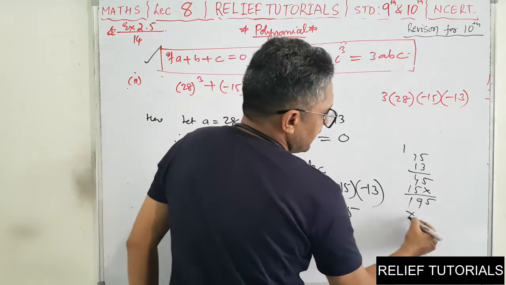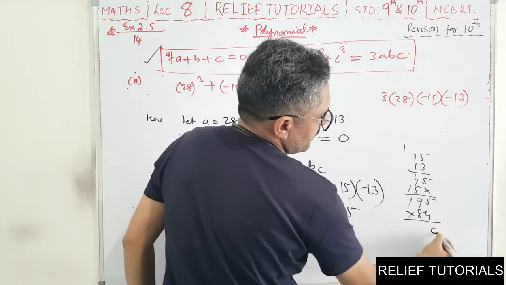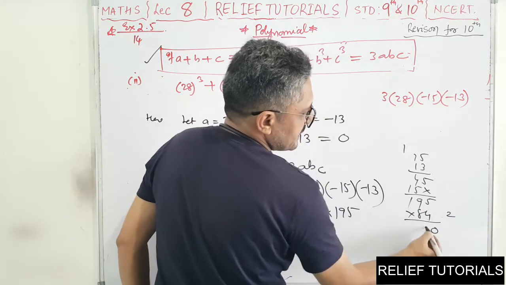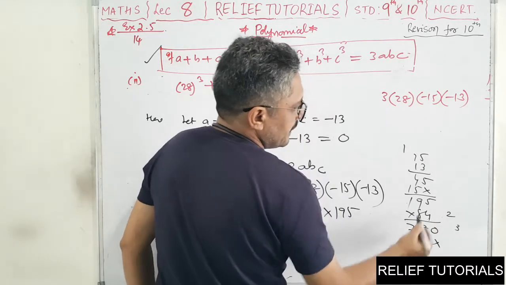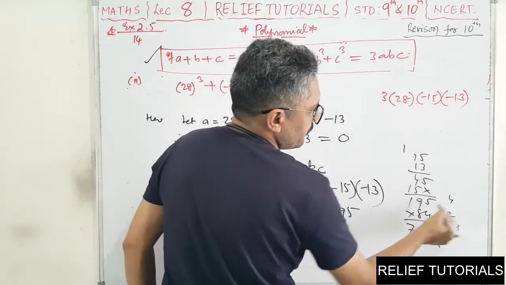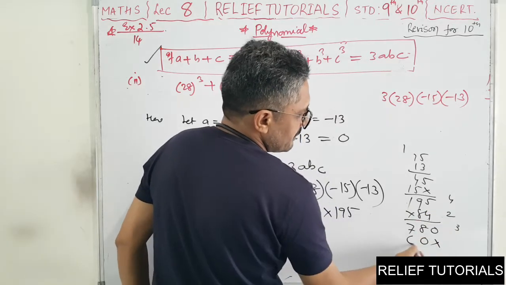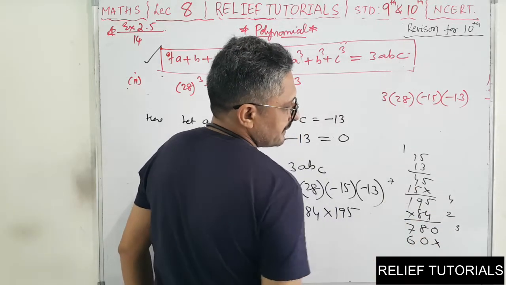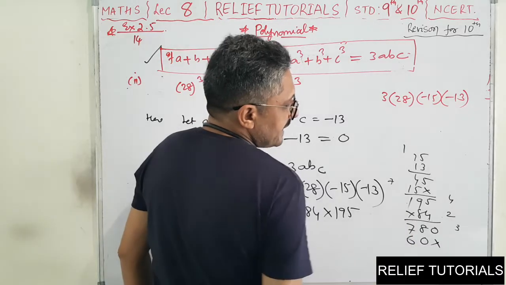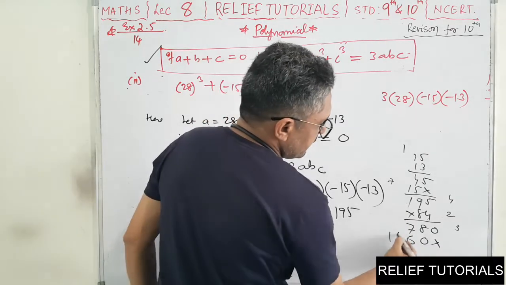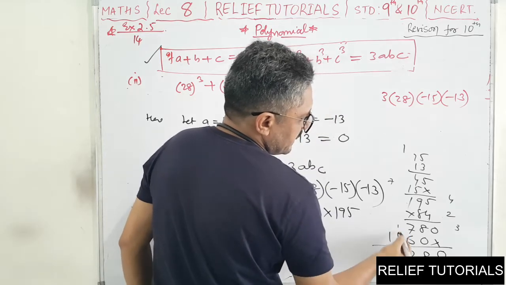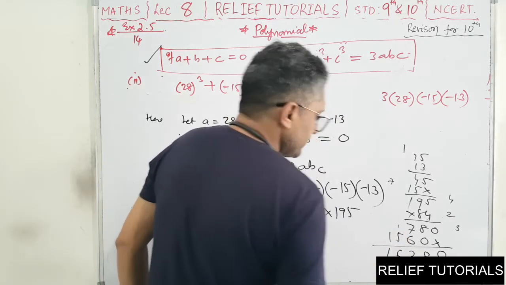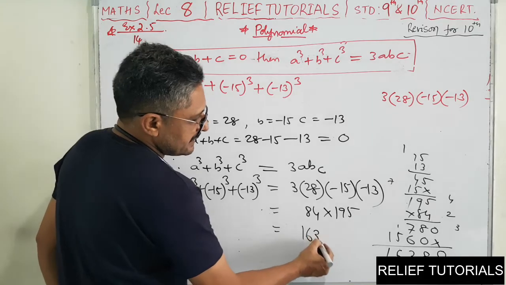So now 195 into 84. 5 4s are 20, carry 2, 9 4s are 36, 38, carry 3, 1 4 is 4 and 3, 7. Now 8 5s are 40, 0, carry 4, 9 8s are 72 and 4, 76, carry 7. 1 8 is 8 and 7, 15. Adding: 0, 8, 13, carry 1, 6 and 1. So the answer will be 16380.